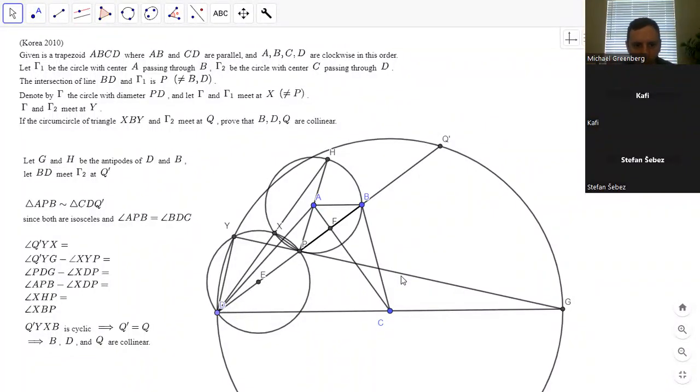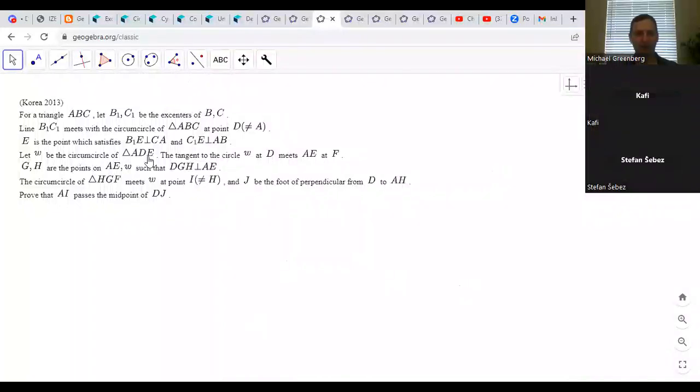And Q prime YG is PDG, because those both intersect the same arc, and XYP is XDP, and PDG is APB. Because those are similar, APB minus XDP would be XHP, which is XBP. So it works out eventually. But it's kind of just a bash, not the most elegant.